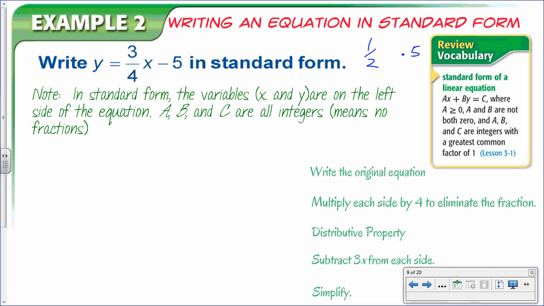Is that going to work? No. 0.5 is still considered a what? A fraction. You guys with me? The only way I can get rid of a fraction is if I get rid of what? The bottom number. You guys following me on that? Okay, trying to help you out, make it simple here. All right. So we've got y equals 3/4 x minus 5.